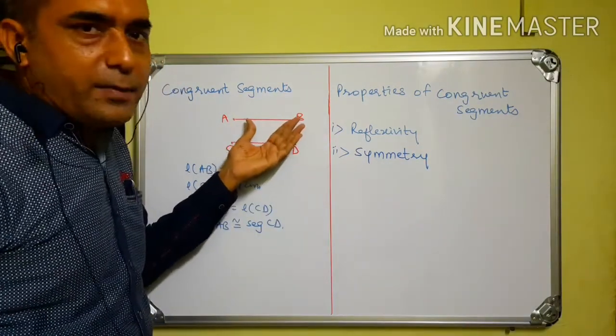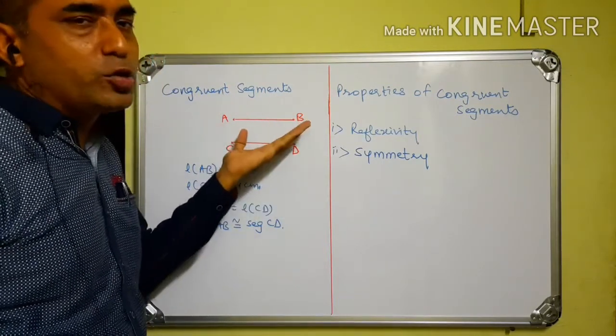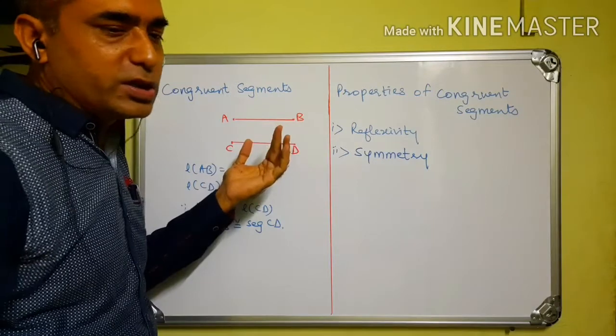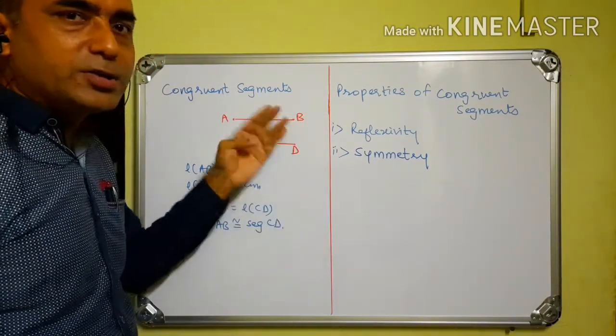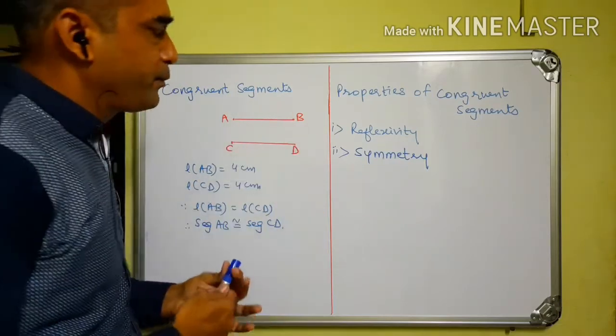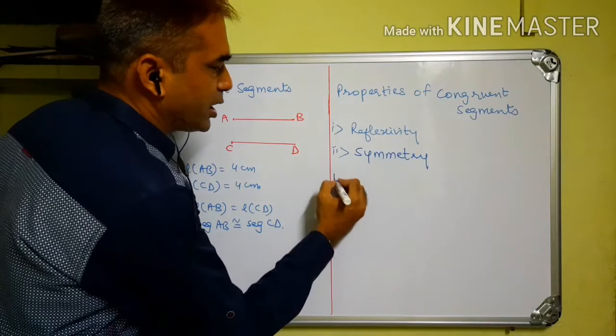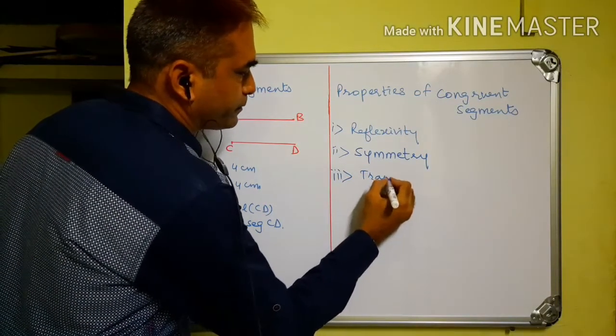If segment AB is congruent to segment CD, then segment CD is congruent to segment AB. One segment is congruent to a second segment, then the second is congruent to the first.